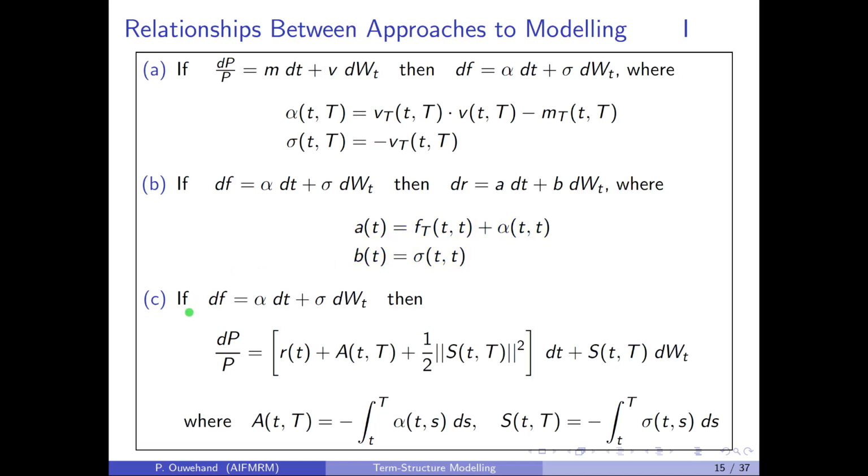And finally, if the instantaneous forward rate dynamics are specified like this, then bond price dynamics look as follows, where R is the instantaneous short rate, and capital A and capital S are obtained by integrating the instantaneous forward rate drift and volatilities respectively. This latter form here will be important when we derive the so-called Heath-Jarrow-Morton drift conditions.